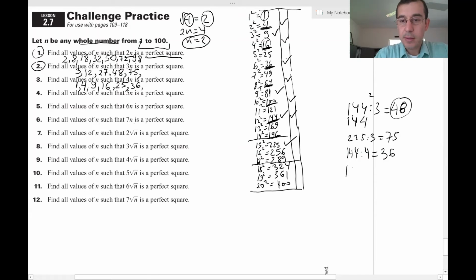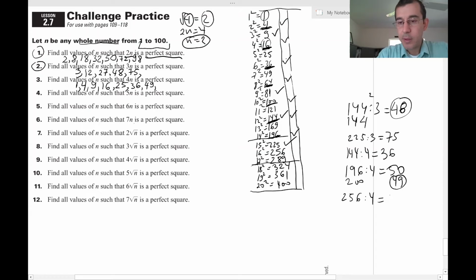196. 196 divided by 4. Well, we know that if it's 50, we get 200. This is one less than 50, so 49. So 49 for 196. Then 225 is not. 256, let's see, 256 divided by 4.